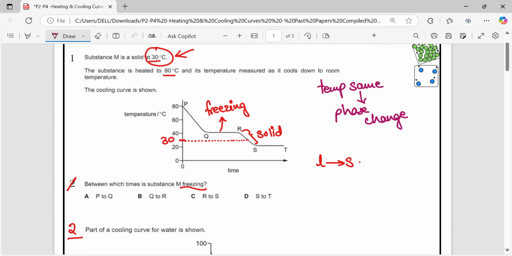The substance is solid at 30, so before that, when the temperature is the same between Q and R, the substance is freezing. P to Q is liquid, it is freezing at QR and it becomes solid at R and S. So the option which says Q to R is freezing is correct. I hope you have understood.